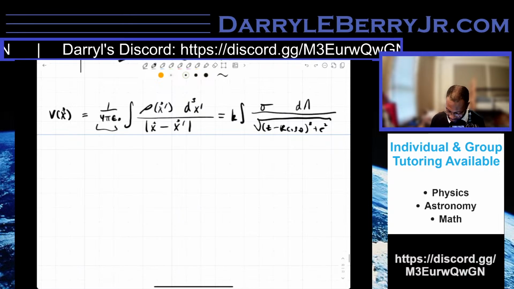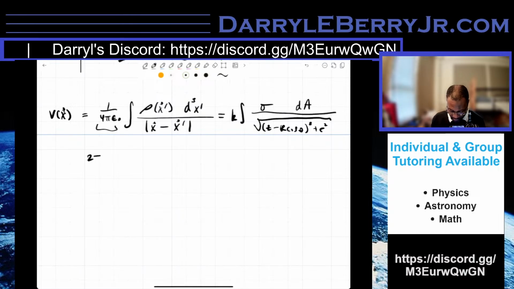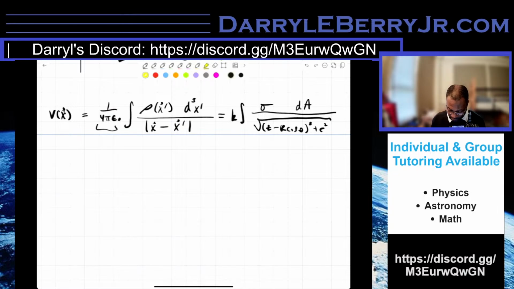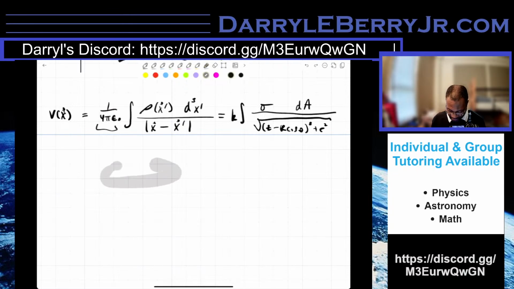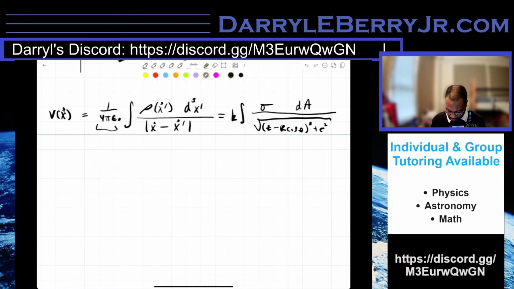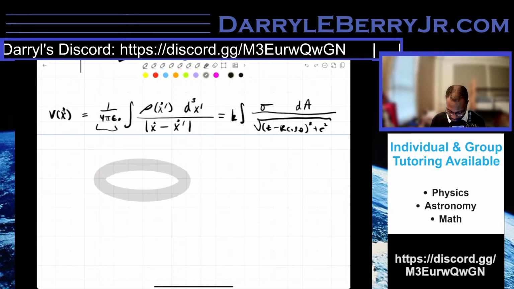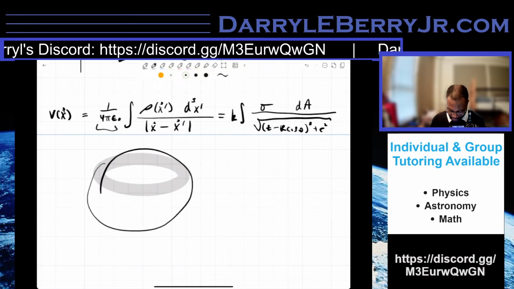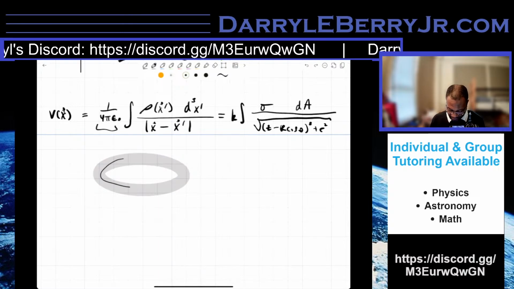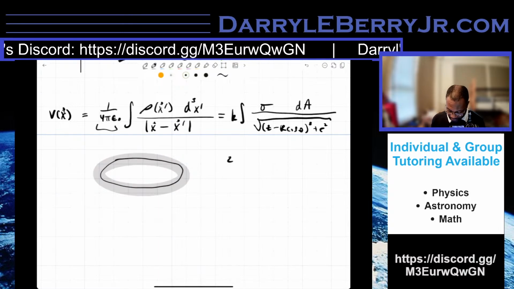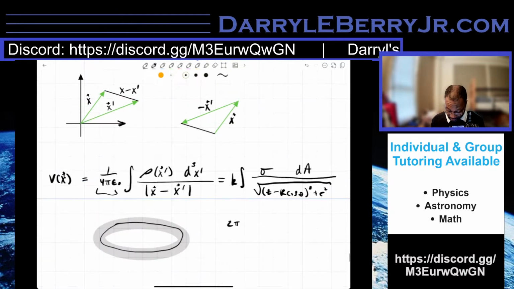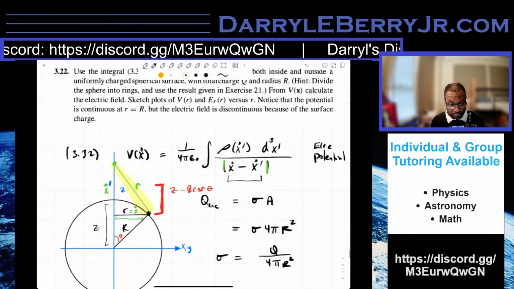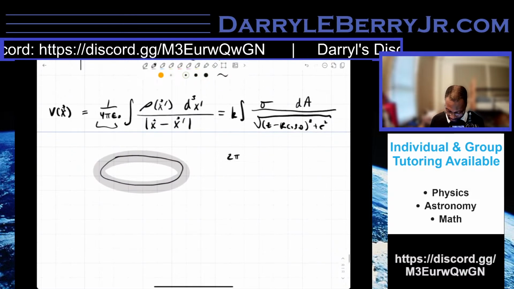So we can say the area is going to be, if I take a slice at that point, like basically this is like a slice out of the sphere. We have the length of the sphere, which is 2 pi r.